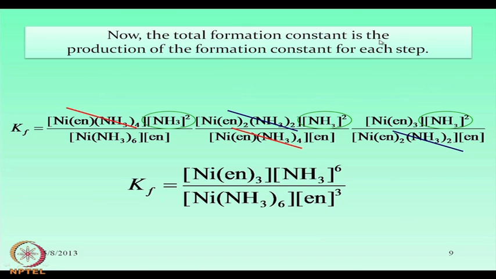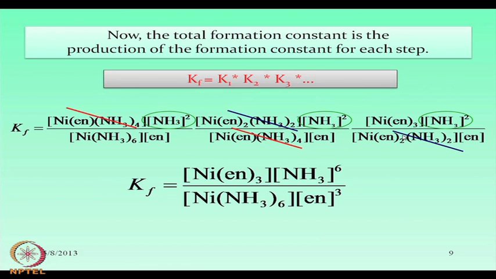The total formation constant is therefore what we can conclude from this part: the total formation constant Kf is nothing but the product of the formation constants for each step. So, if we have 3 steps like K1, K2 and K3, we get the Kf value as the product of K1 into K2 into K3.